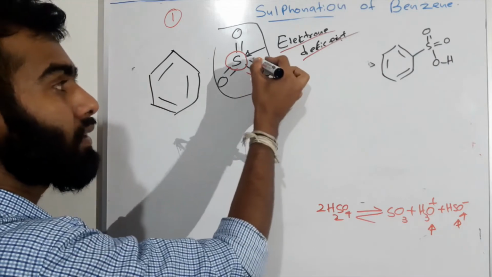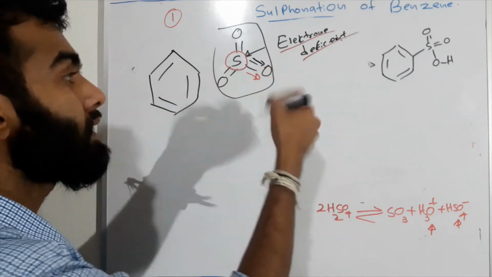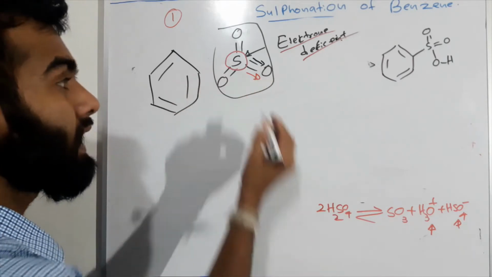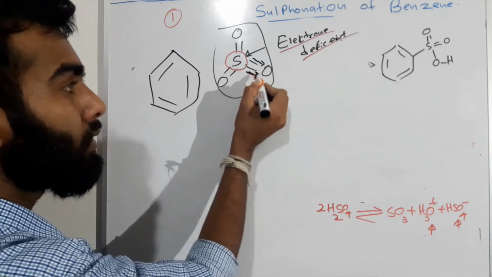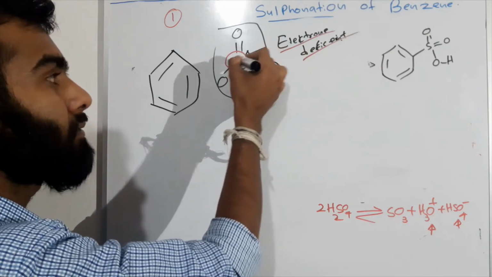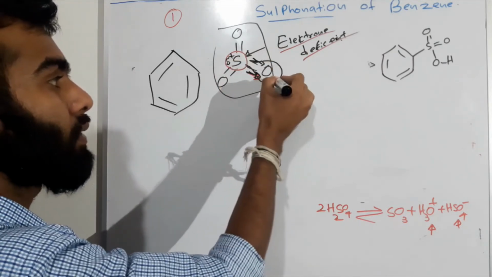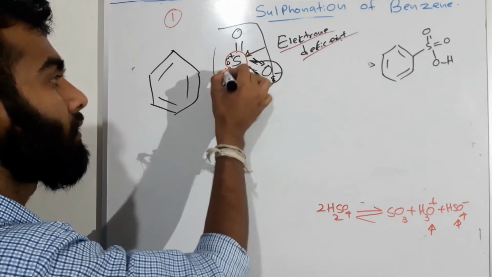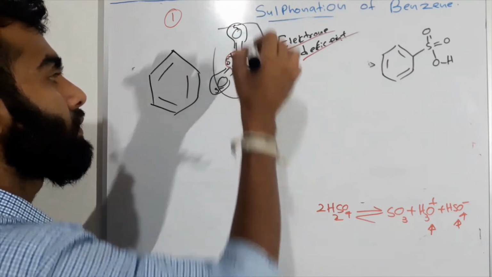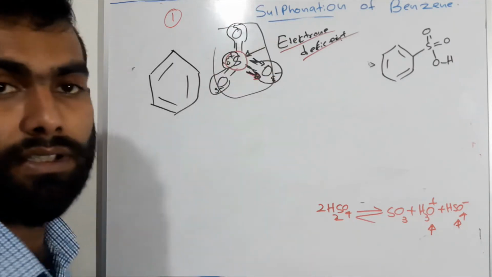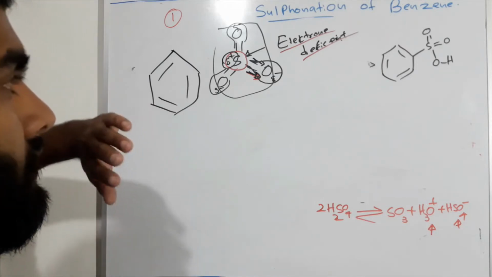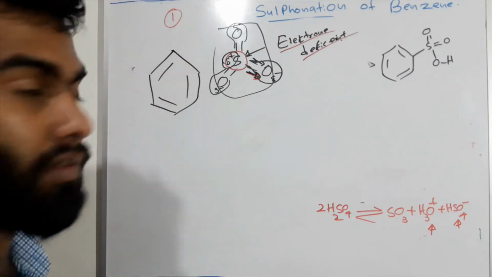Because of oxygen's higher electronegativity, it will withdraw the electron clouds towards oxygen, and sulfur gets a slight positive charge while all the oxygens get a slight negative charge. However, sulfur will contain the slight positive charge, making it a very electron deficient compound.